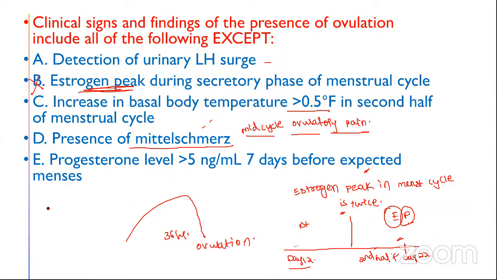Last one is day 22 measurement of serum progesterone. This is a very good indicator of ovulation. How does it tell us about the ovulation? Day 22, if serum progesterone is more than 5 nanogram per ml, it's an indicator of ovulation.